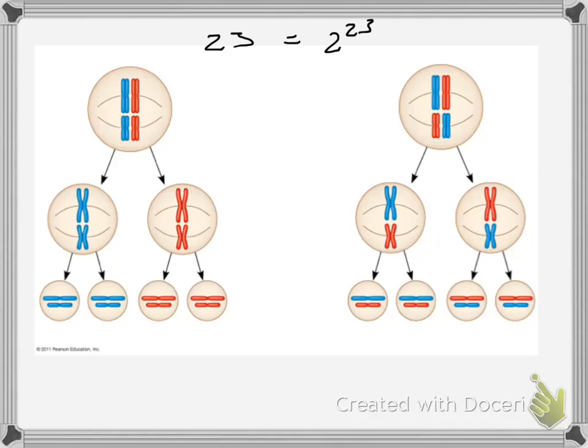Now, in this case, we have N equals what? You should think that through. How many different types of chromosomes are there? You should have answered 2. And so in this case, 2 to the N is equal to 4.